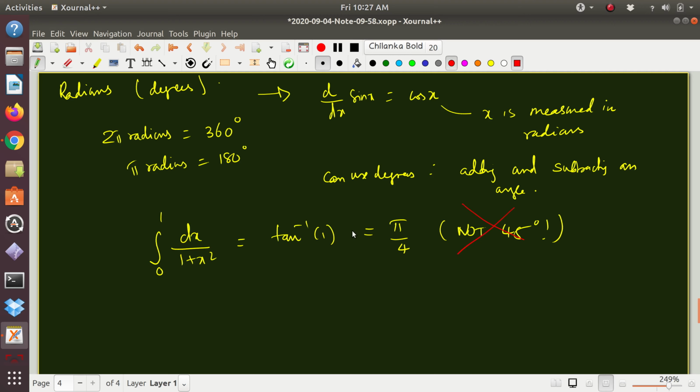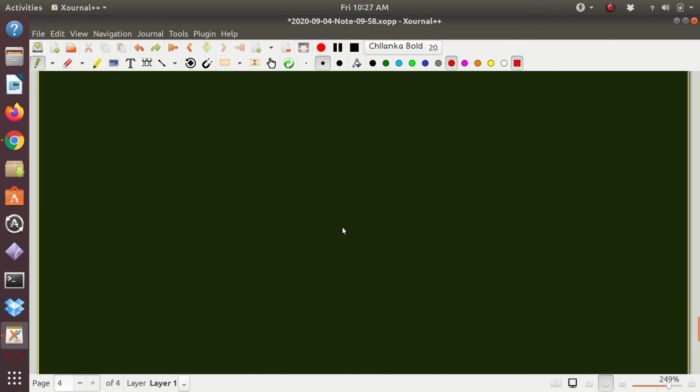So when in doubt, use radians, and you will not go wrong. Although sometimes intuitively we know that degrees are much more convenient to think with, while calculating it's always useful to use radians.